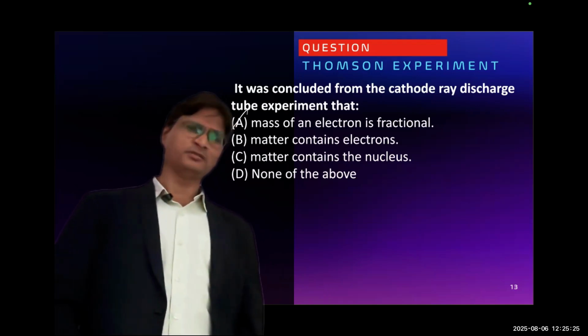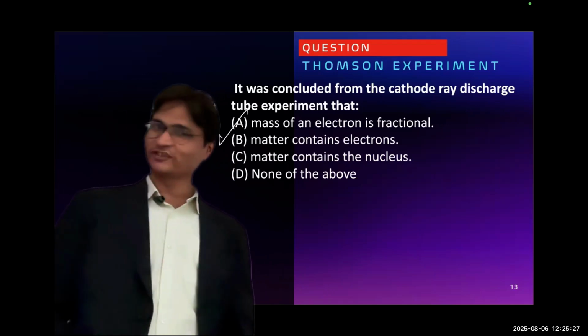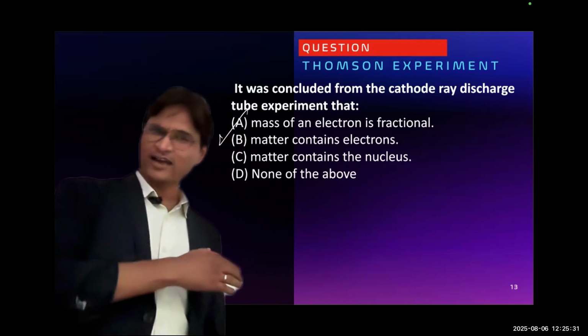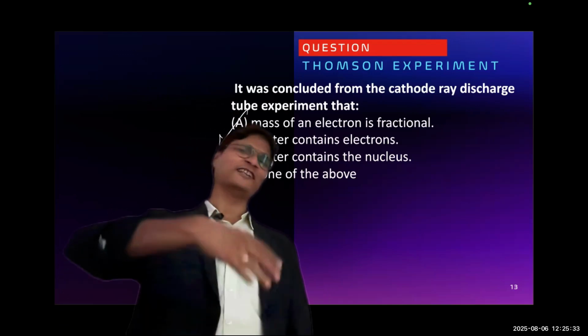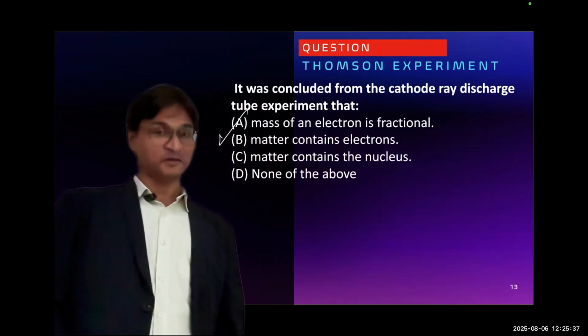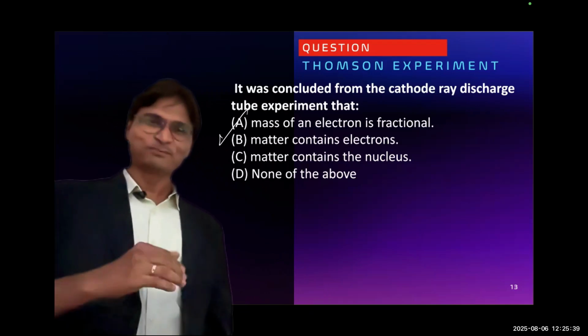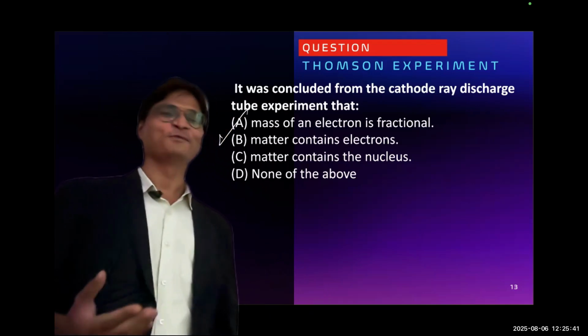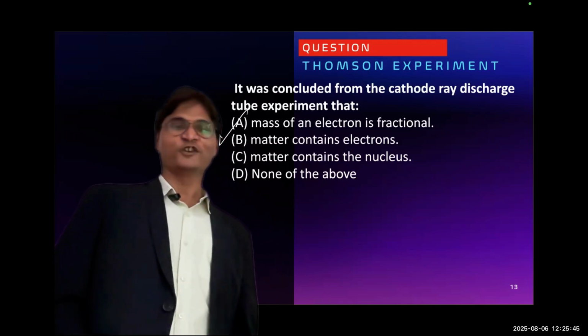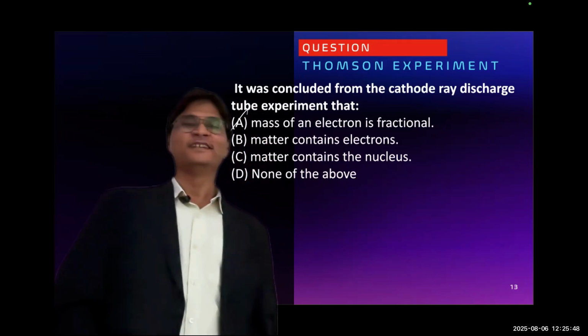We'll be seeing another exploration of the atom through the scientist Rutherford. We'll call them explorers, science explorers. Rutherford, the explorer, further explored the atom and entered into the nucleus. So this was not the domain of Thomson.